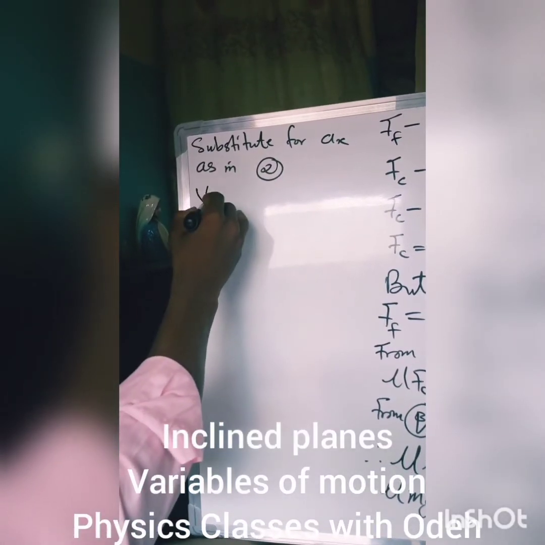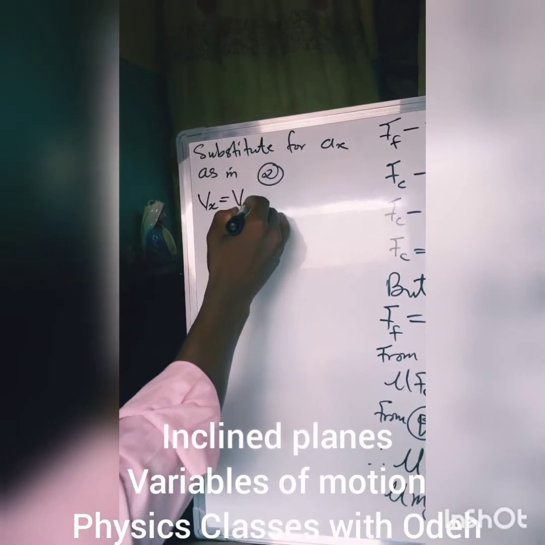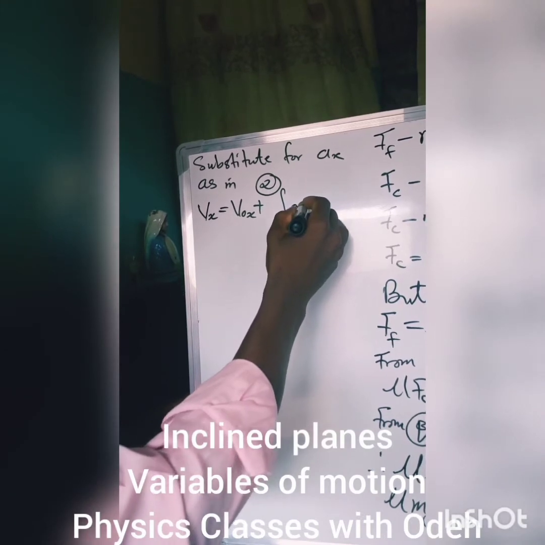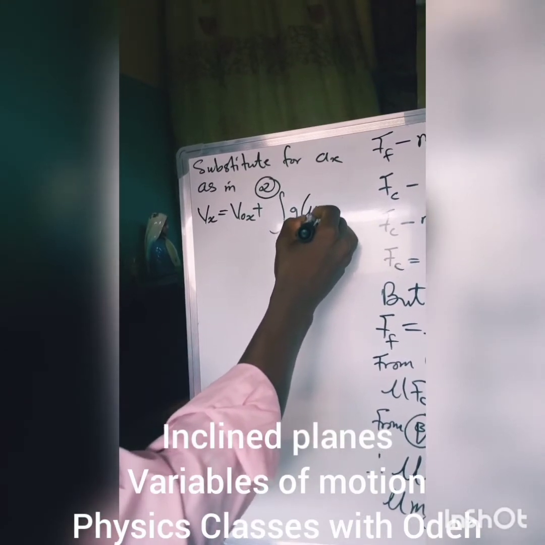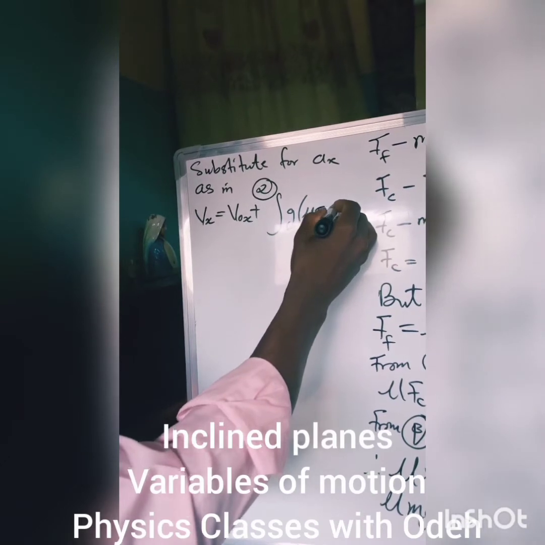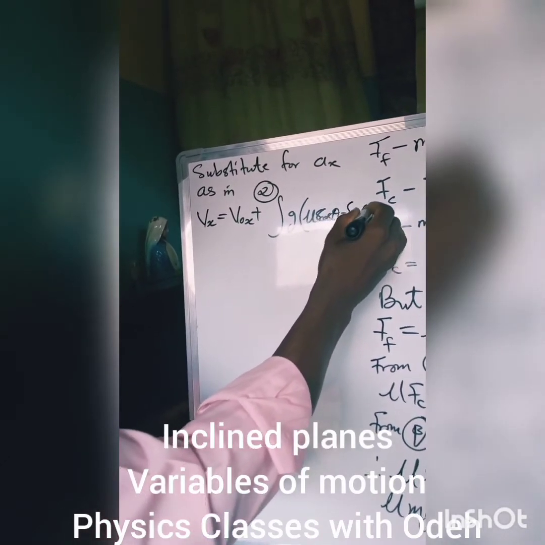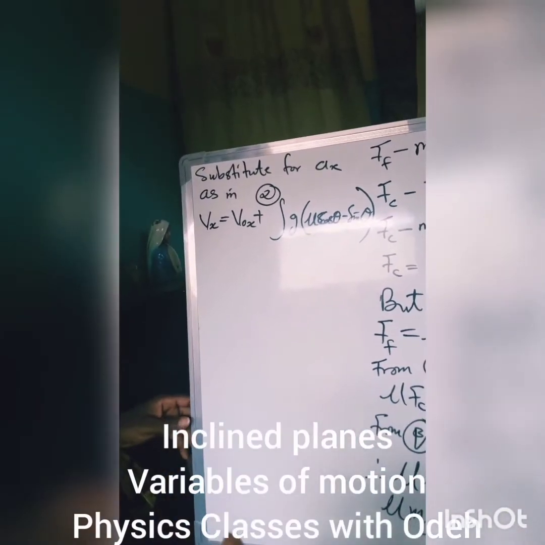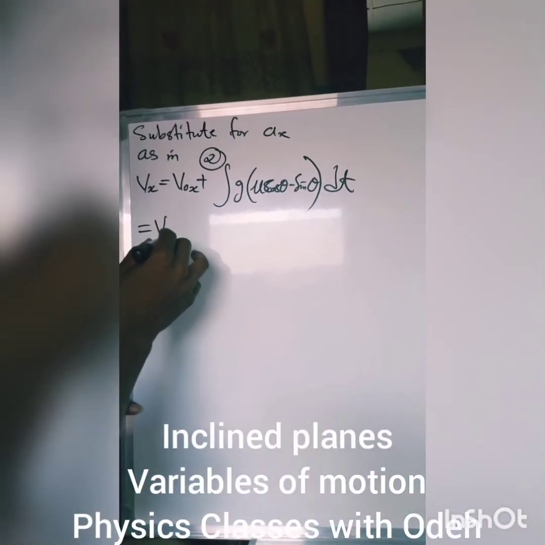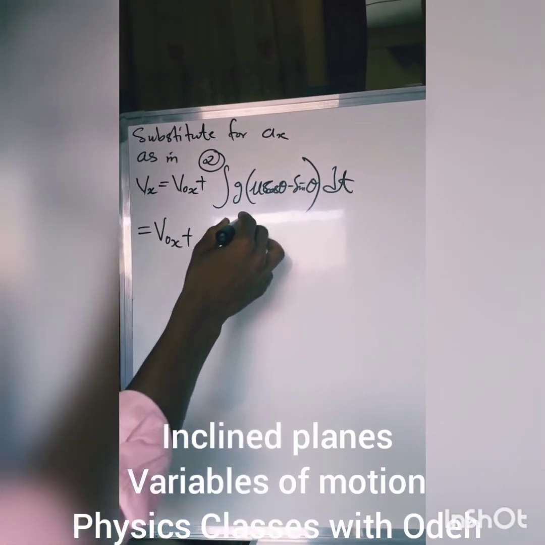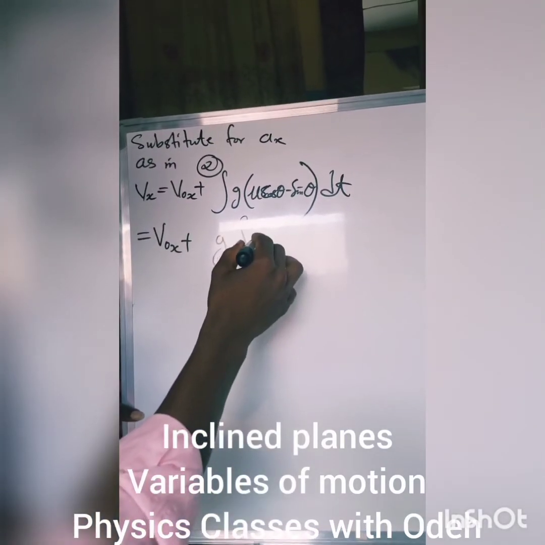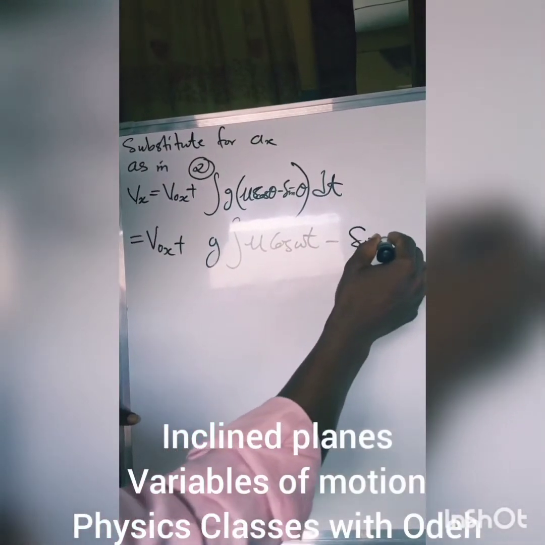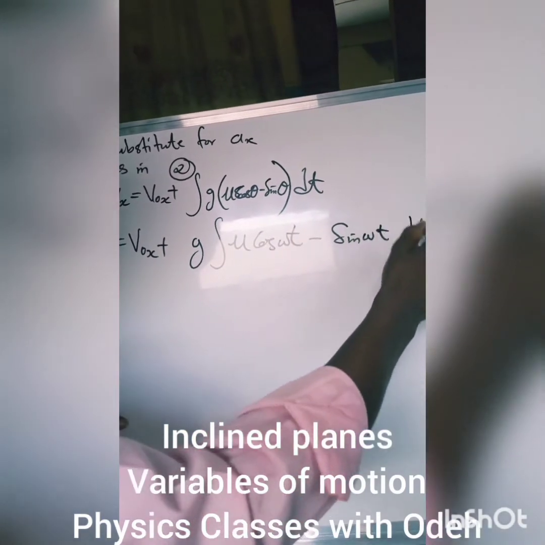Therefore, vx will be equal to v naught x plus the integral of g into mu cos omega t minus sine omega t, all dt.